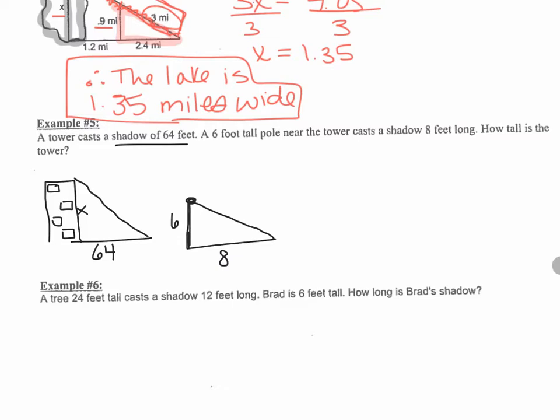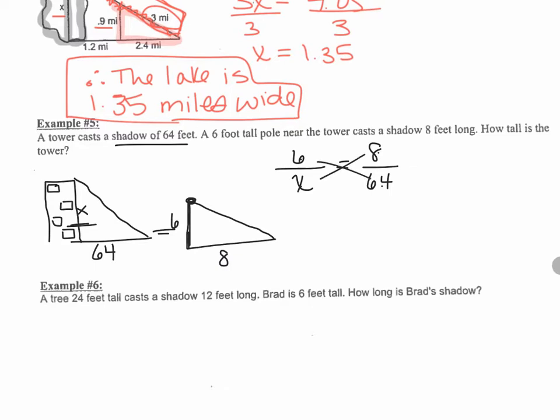So I'm going to go ahead and set up my proportion. So what's my proportion going to say? 6 over x equals 8 over 64. Remember, it doesn't matter if you did 6 over x or x over 64. All that matters is that it's little over big and little over big, or the opposite.